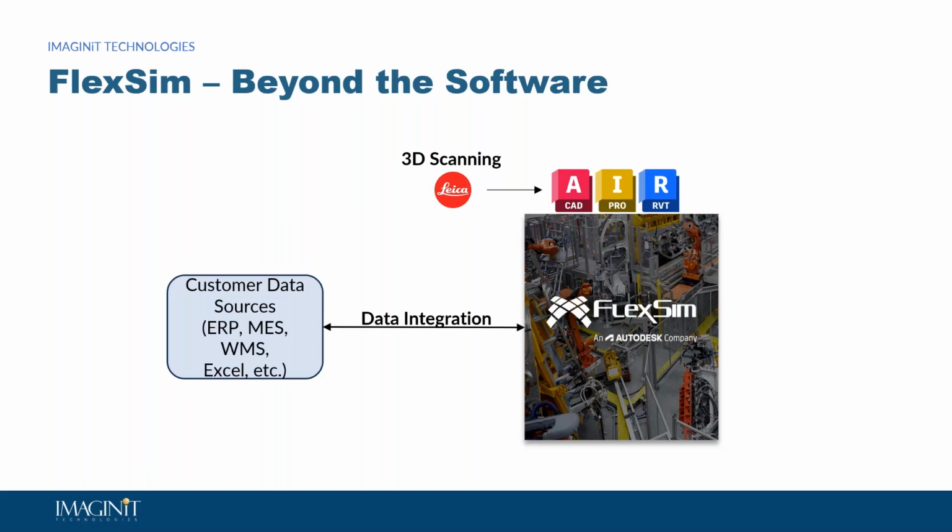Then we could also do data integration with other data sources. So whether you have an ERP system, a MES system, any information that we want to bring in and leverage, we have the ability to link to those databases or link to Excel or other sources of information.